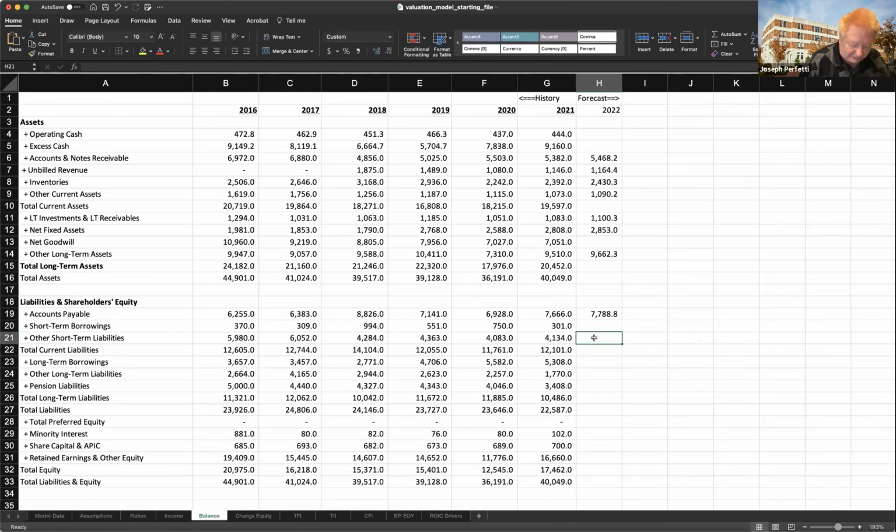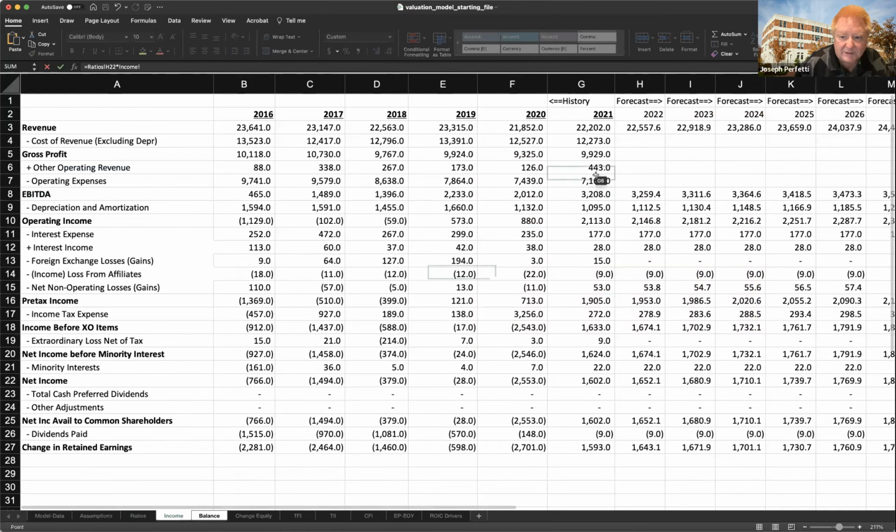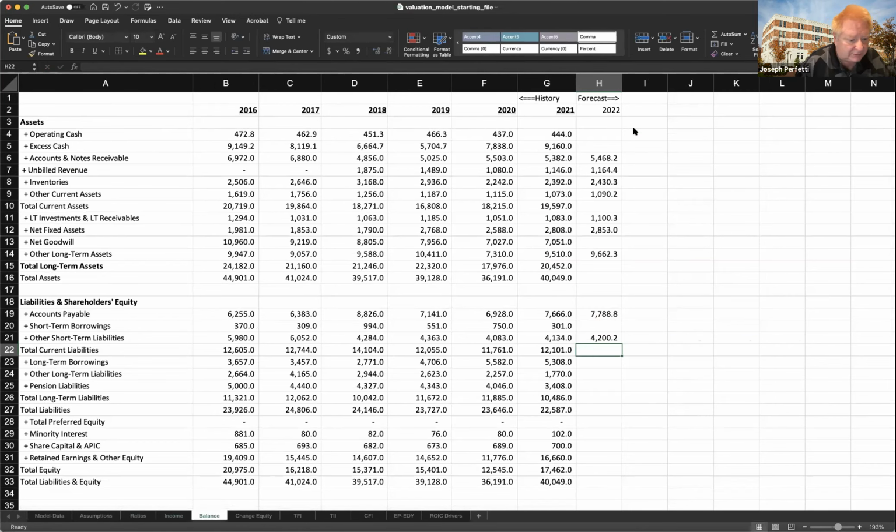Other short-term liabilities equals ratios H22 times income H3, 4,202 of other short-term liabilities.